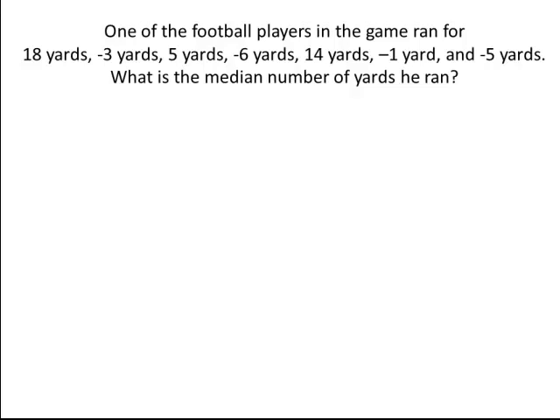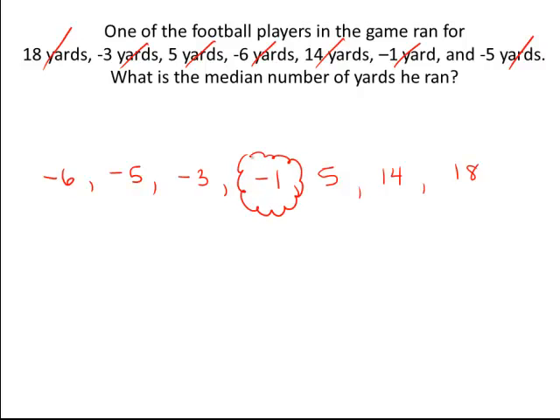The smallest number in our list is -6, followed by -5, -3, -1, 5, 14, and 18. Notice that we have 7 numbers on our list, so the median is the 4th number. -1 yards is the answer.